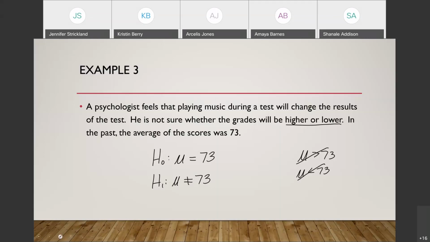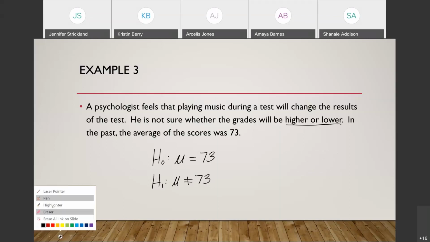All right, so the 3 examples that we have just done are the only 3 scenarios that you'll see in terms of setting up your hypotheses. So I want you to look at them. The H0 always has what? What's the same in all 3 examples? The equal to.